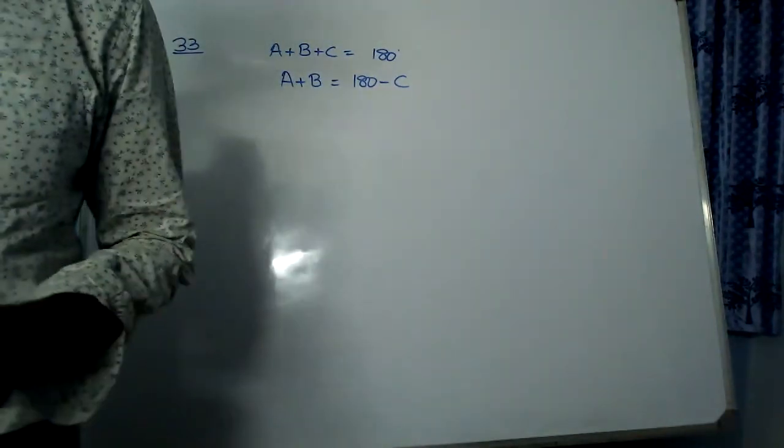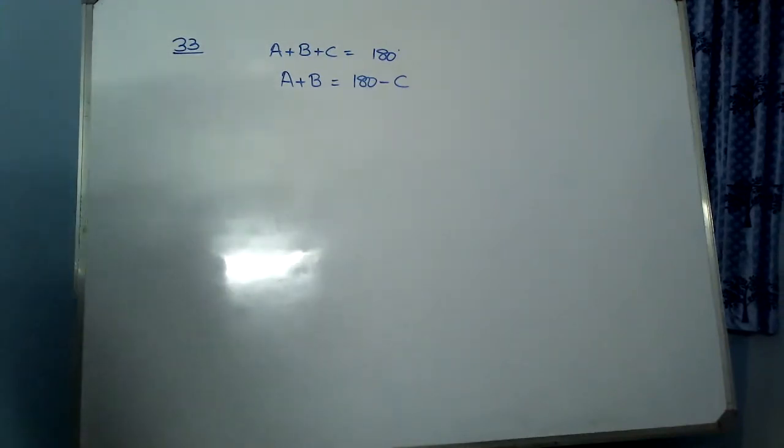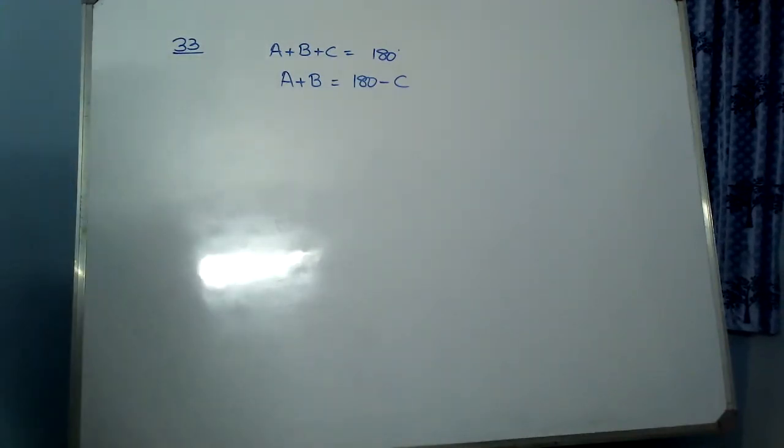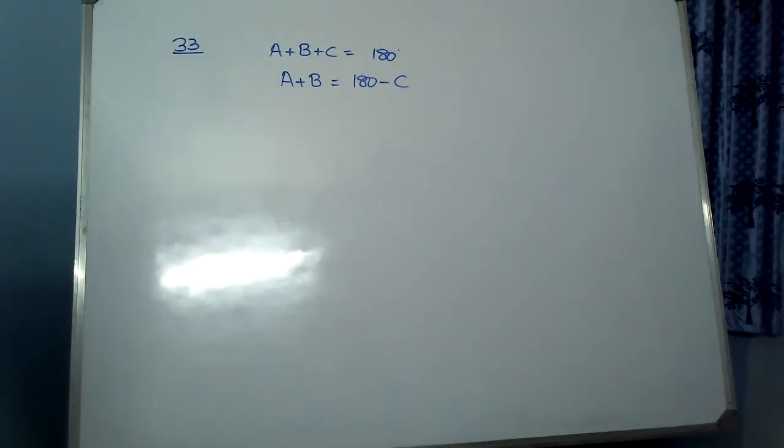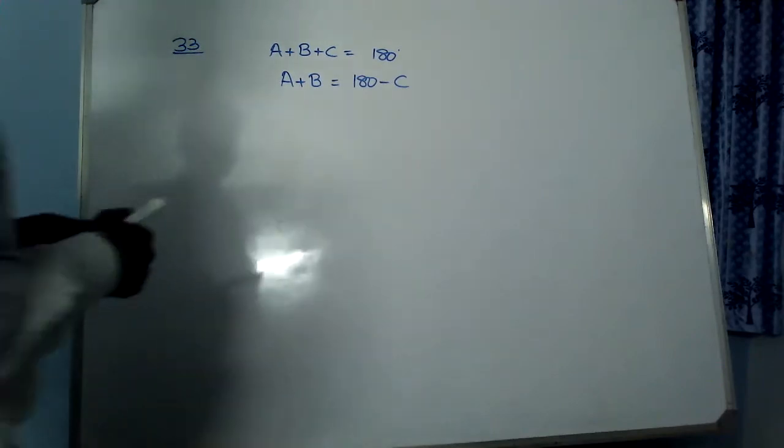To solve this, you should know that formula, what is cos 180 minus theta. Oh, sorry, I'm asking as if it's a live class. Cos 180 minus theta is minus cos theta.